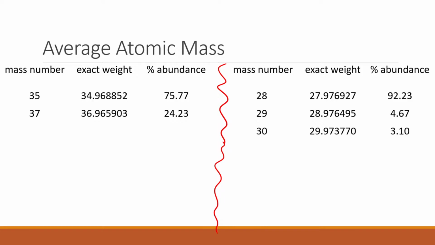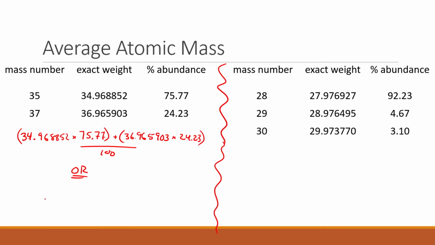Okay, let's give this a shot. For this first one, we have again an exact weight and an abundance, so we have two different ways of setting it up. 34.968852 times 75.77 plus 36.965903 times 24.23, divided by 100, or 34.968852 times 0.7577 plus 36.965903 times 0.2423.